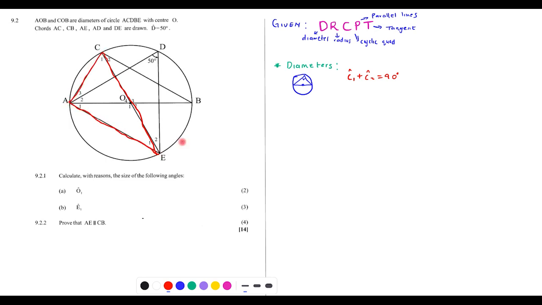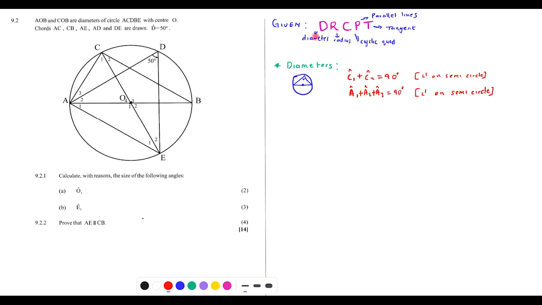So in this case, A1 plus A2 plus A3 is 90. From here we know that these are both angles on a semicircle. So now let's go to the next one.